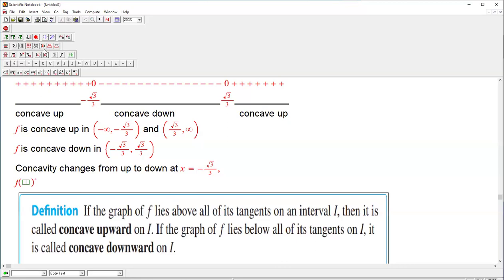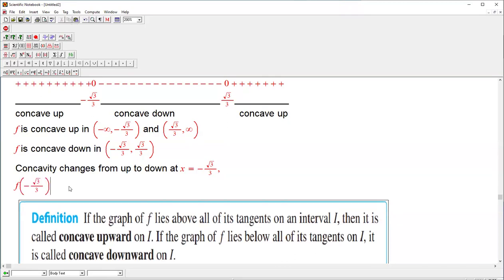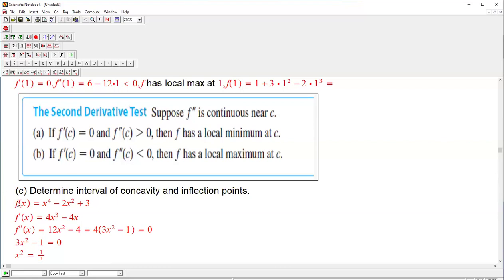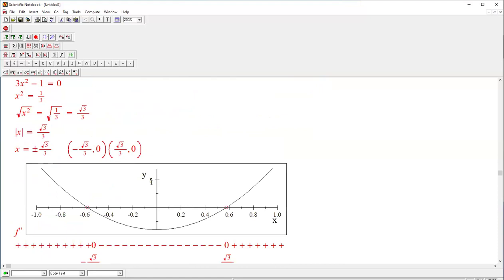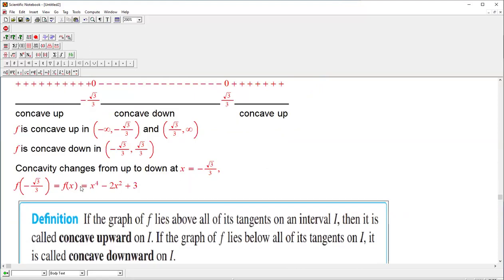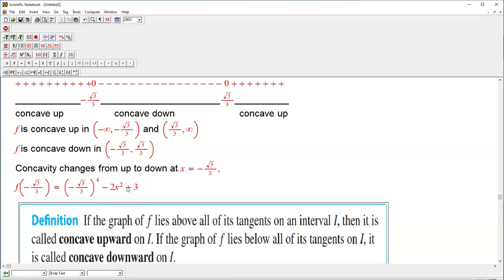So for F of that, we're going to plug into the original function. The original function is right here. We plug in negative √3/3 to replace x, and you evaluate it.